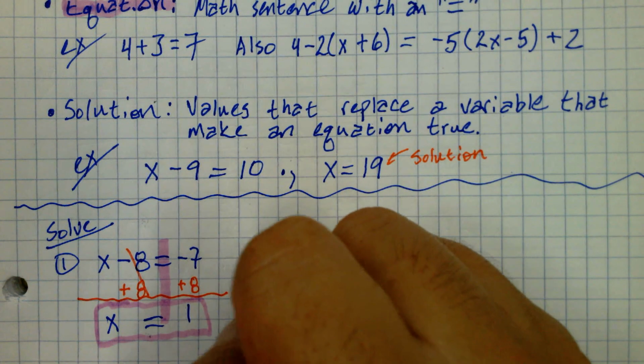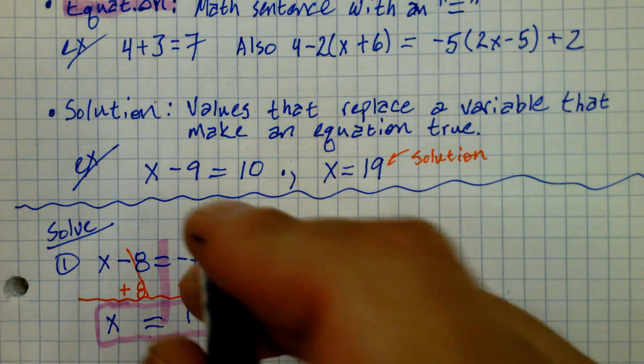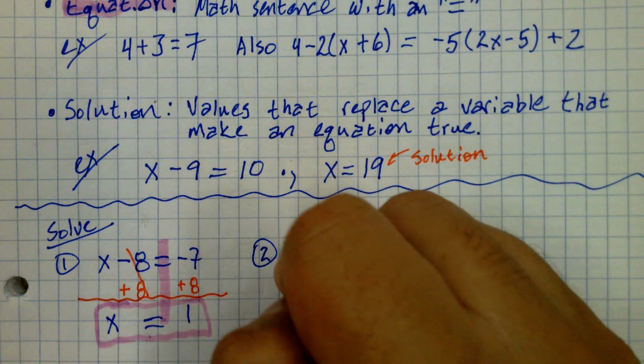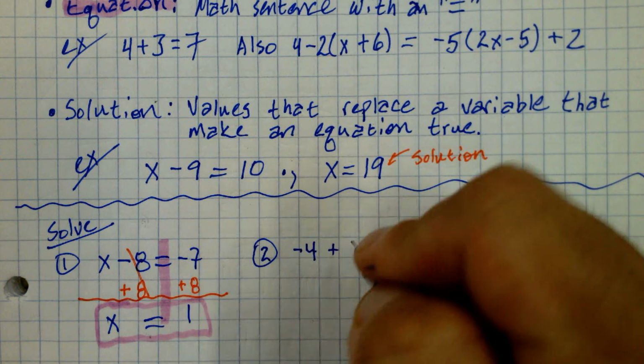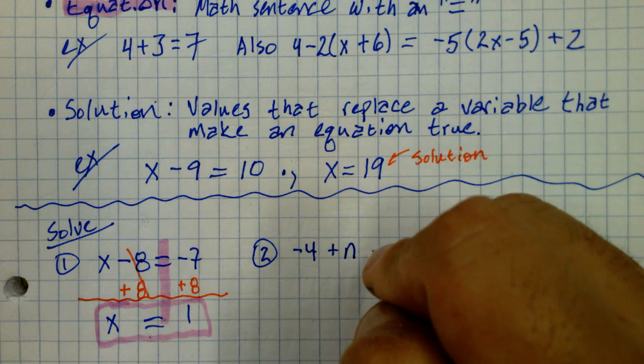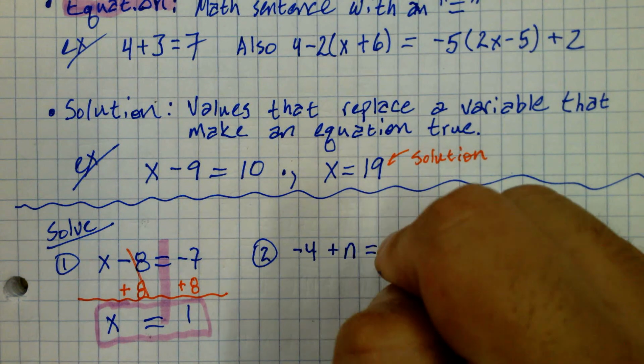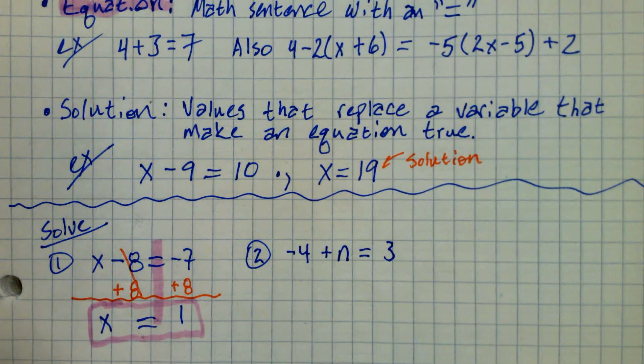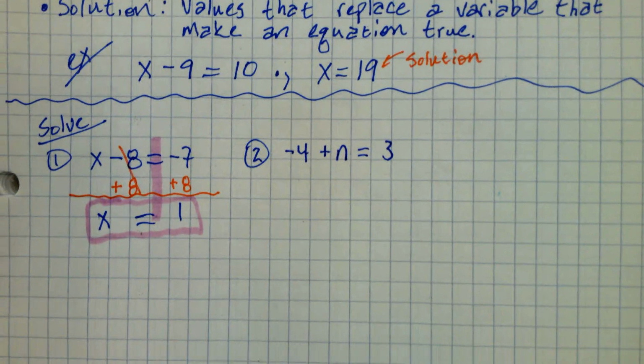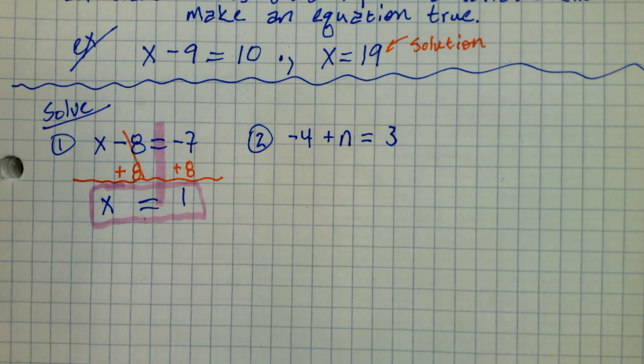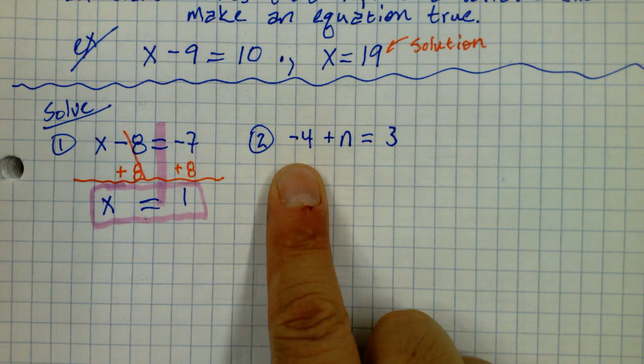Number 2. Let's do -4 plus, say, n equals +3. Go ahead and write that down. Now, we always want to get rid of the number on the same side as the variable. So that's -4.